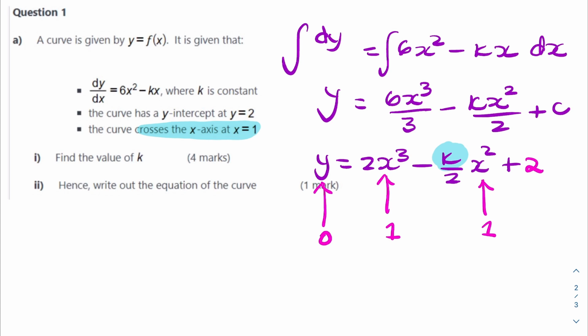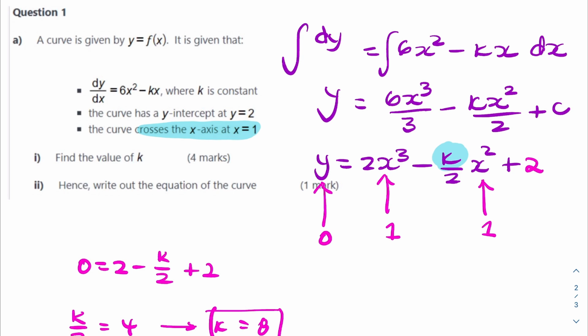So if we write 0 equals 2 minus k over 2 plus 2, you've then got k over 2 equals 4, so k equals 8.